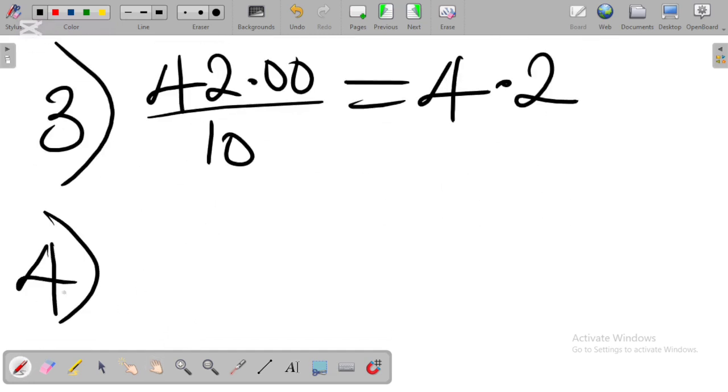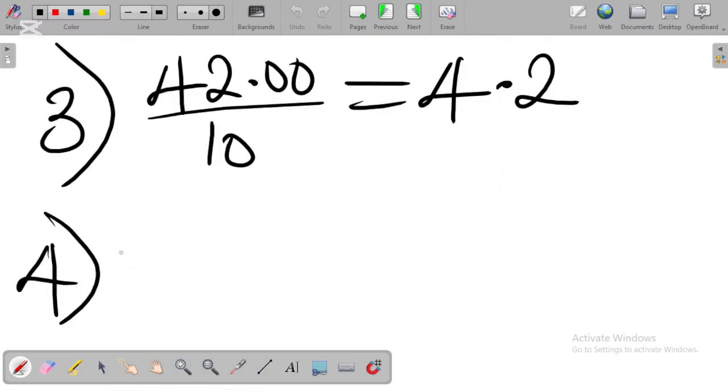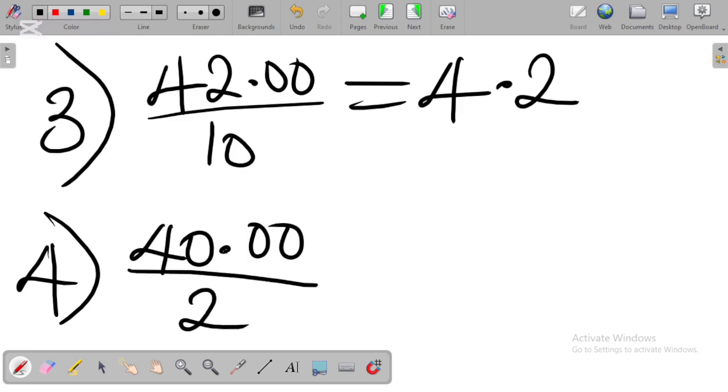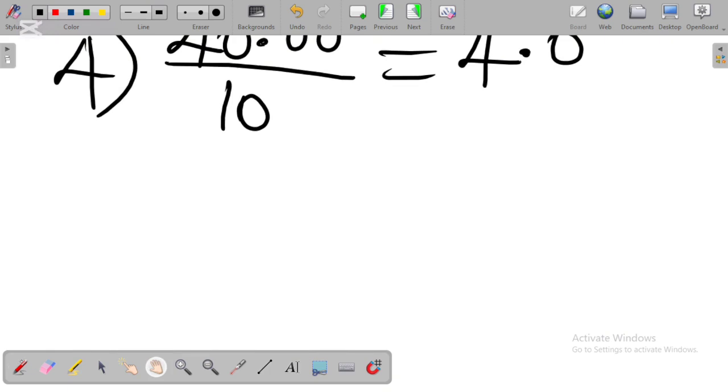Alright, so what's the fourth one? The fourth one here is 40.00. So we have here 40.00 divided by 10. So it would give you 4.0. So what's the fifth one?